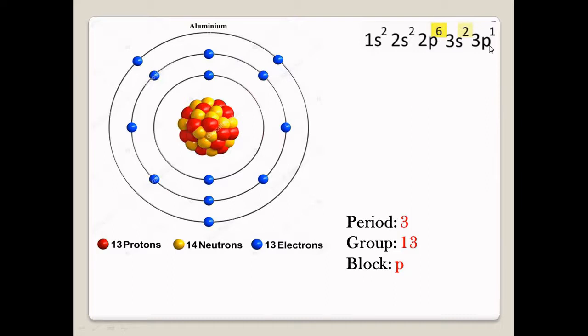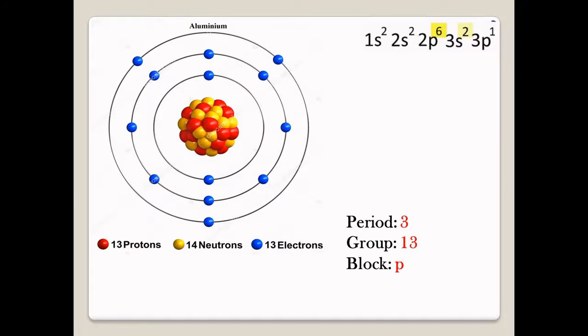For this, the 3 indicates the period number 3, whereas the p indicates it is a p block element, and the sum of these 3, 2 and 1, that is 3 plus 10, indicates it is a group 13 element. Are you getting this?